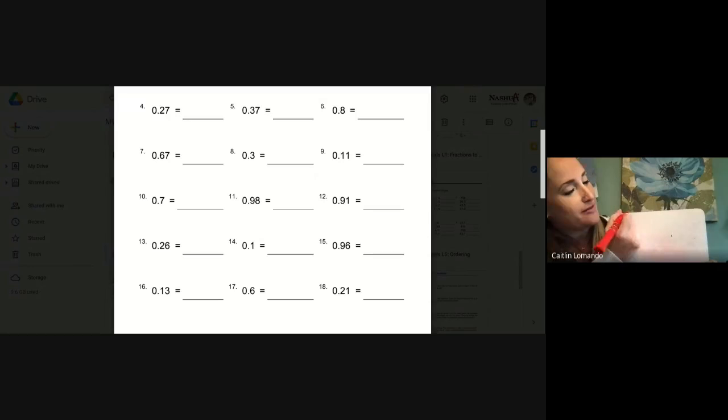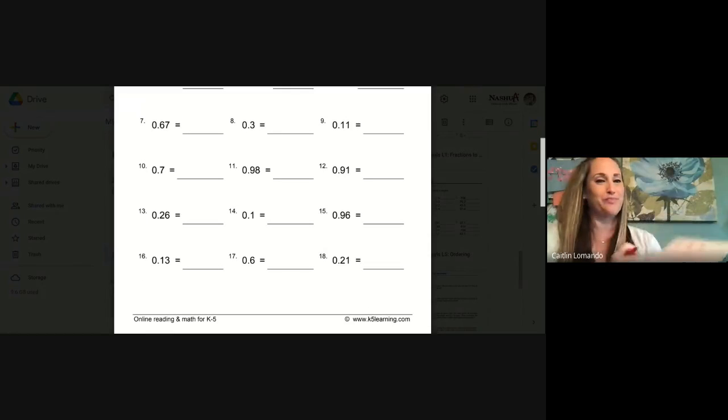So for number 10 rather, we have 7/10. For number 11, we have 98 hundredths. And for number 12, we have 91 hundredths. Excellent job.